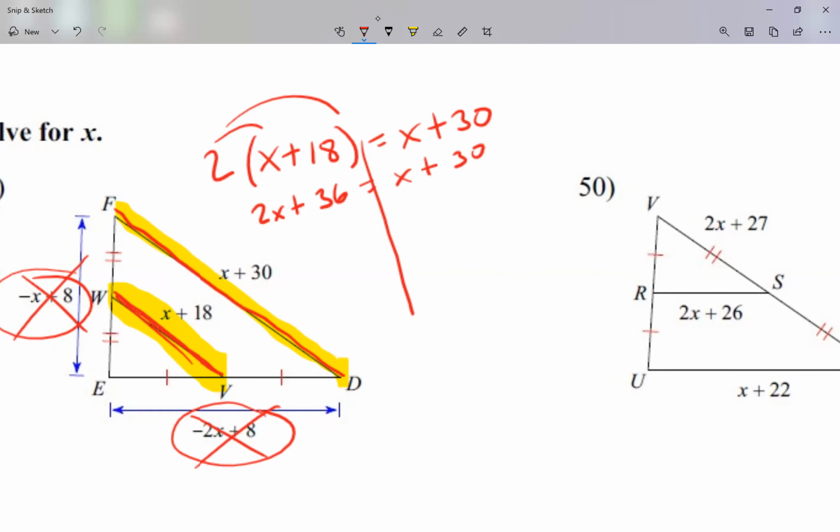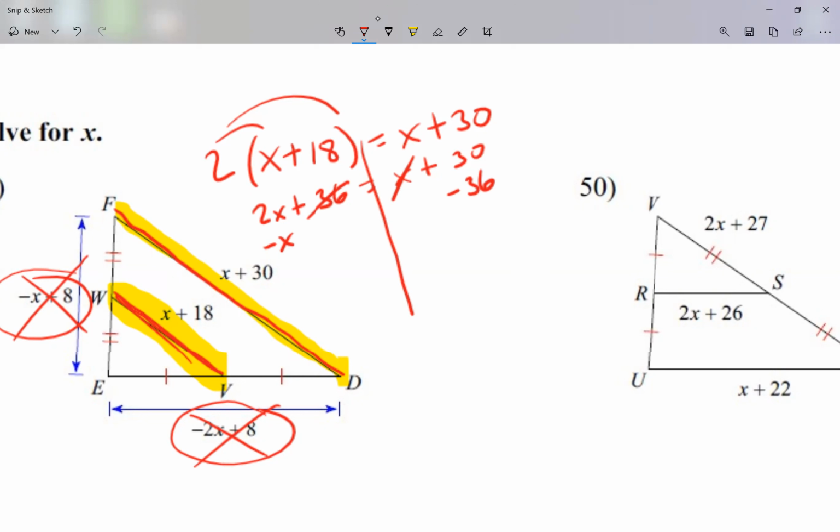So this positive x, let me move it to the other side as a minus x. Every time I move something from one side to the other, I've got to switch the sign. And then this plus 36 on the left side, let me move it to the right as a minus 36. Notice I put letters on the left side and numbers on the right side.